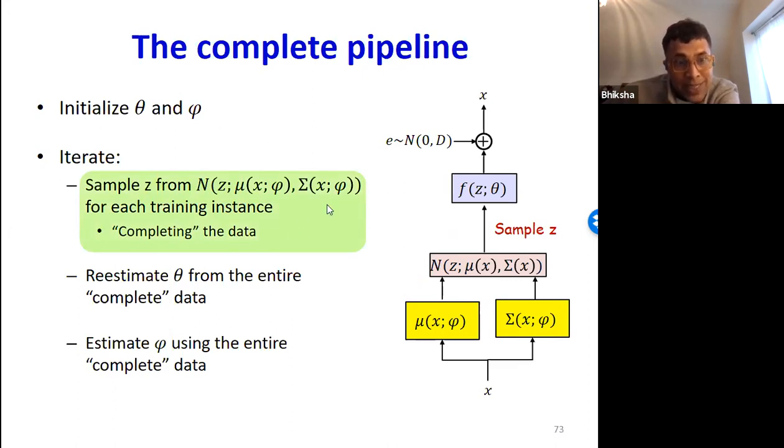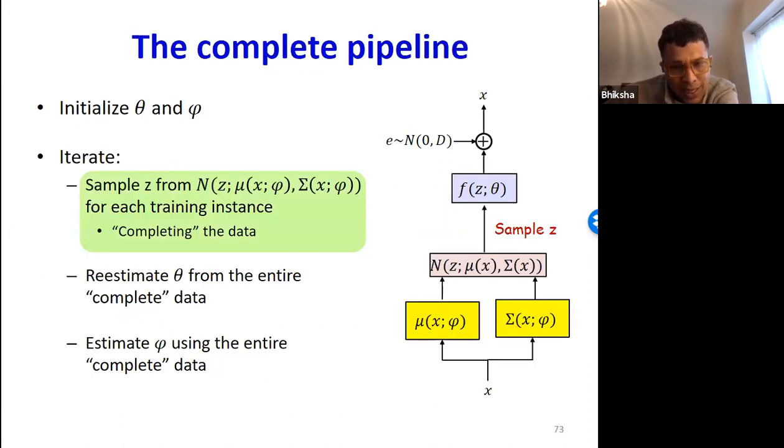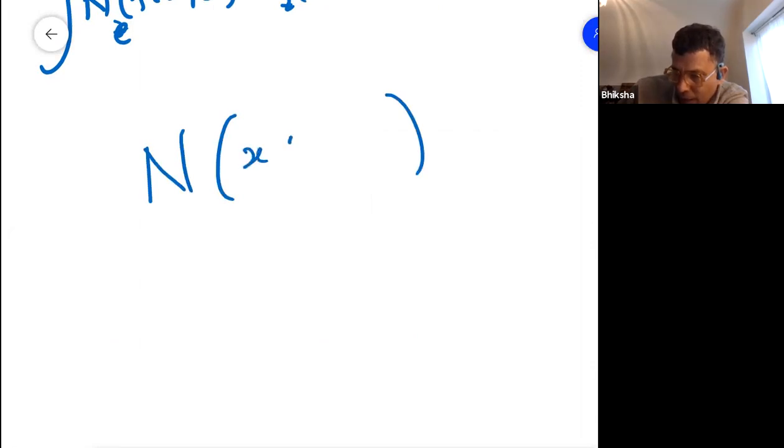So what is this business of sampling from p of z given x? You're going to be sampling from this Gaussian here. And this is just a standard trick. Suppose I give you a Gaussian and I say, I want to generate samples from this Gaussian with some mean A and the variance V squared. How do we do this?